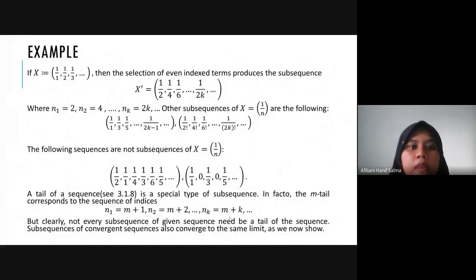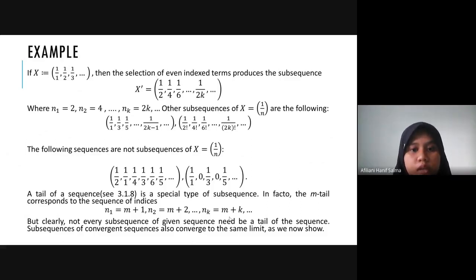The example: if X is given by the set 1/1, 1/2, 1/3, and so on, then the selection of even-indexed terms produces the subsequence X' = (1/2, 1/4, 1/6, ..., 1/2k, ...), where n_1 = 2, n_2 = 4, and so on until n_k = 2k.